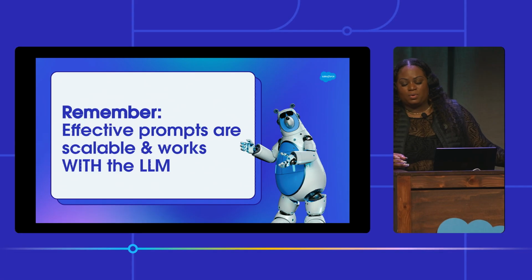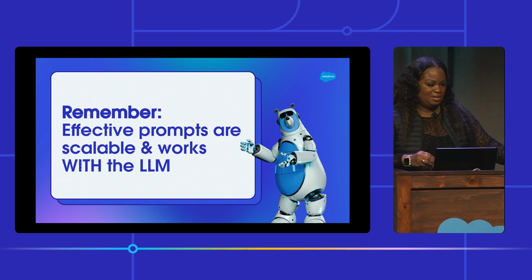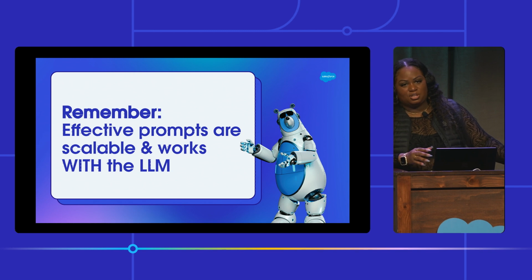All right, so we need to remember that effective prompts are scalable and they work with the LLM. So they work, again, with the LLM. They don't work for the LLM. They get their information from the LLM, okay? You can pull in different types of LLMs. I know Salesforce is working with multiple different types.